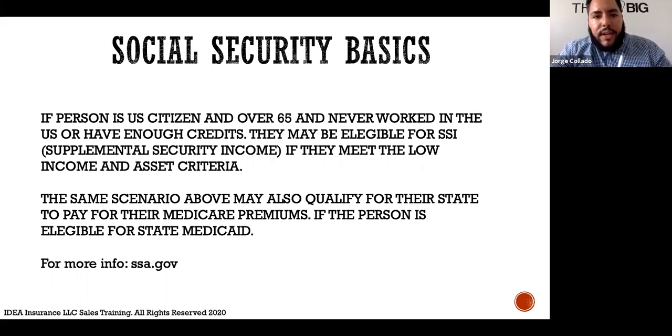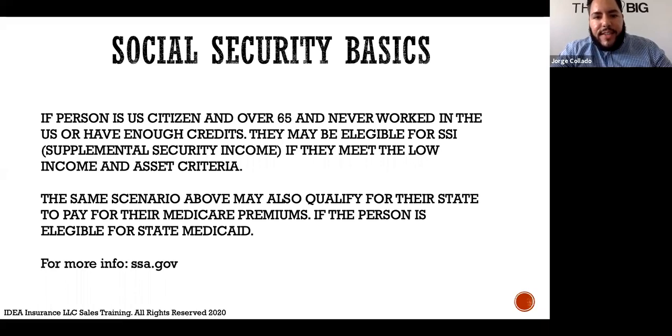This is actually a supplemental assistance if they meet the low income and asset criteria. So very limited resources in order to qualify for this. But if somebody's not getting a check because they didn't have enough credits, you can let them know about the SSI program. They have to be a US citizen and over 65 years of age, or be disabled, to be eligible for the SSI program.